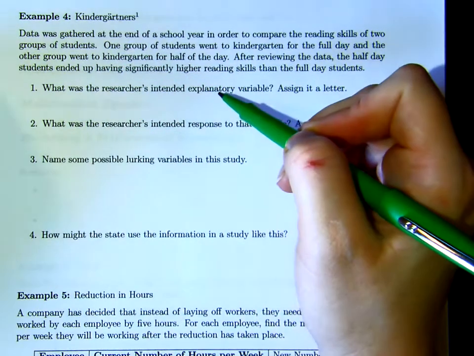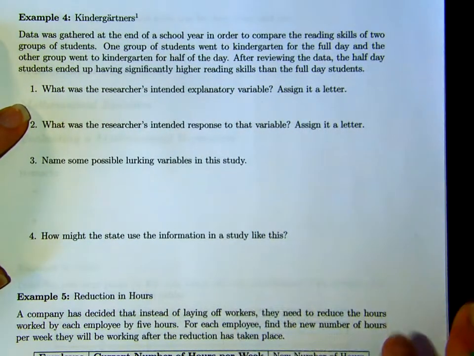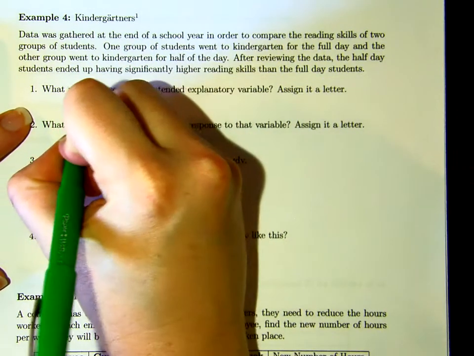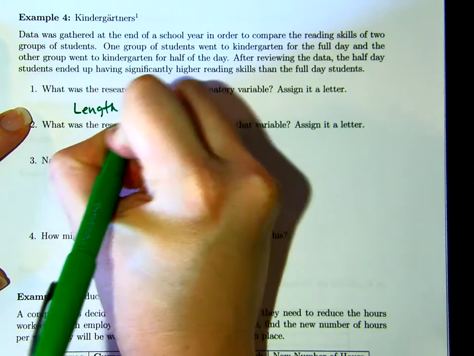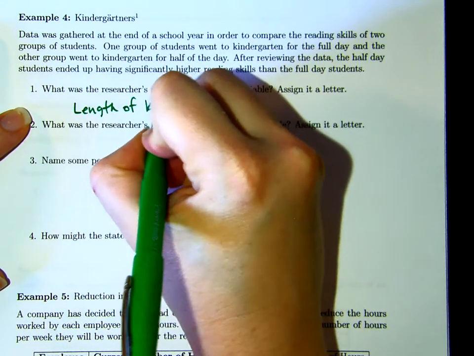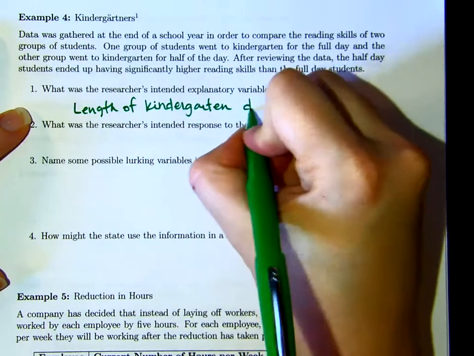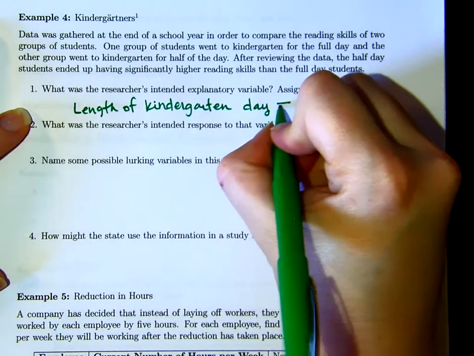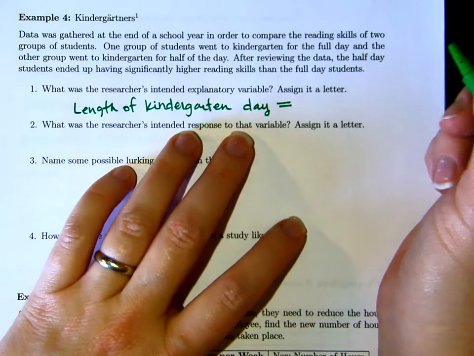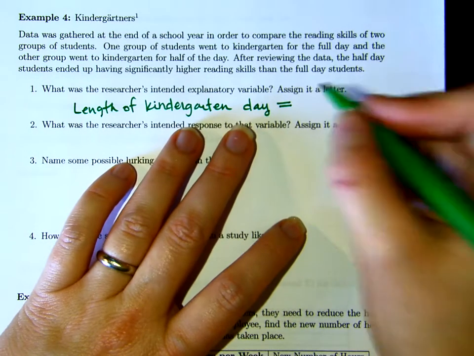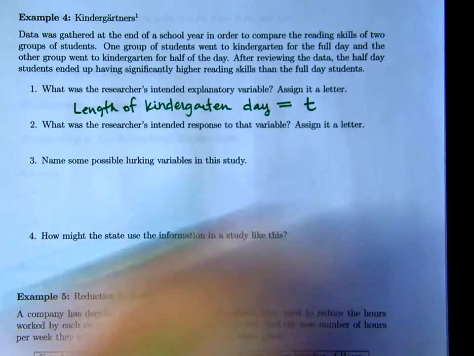So the manipulated one, or the explanatory variable, was length of kindergarten day. And let's assign it a letter. I don't care. Let's go with T for time.